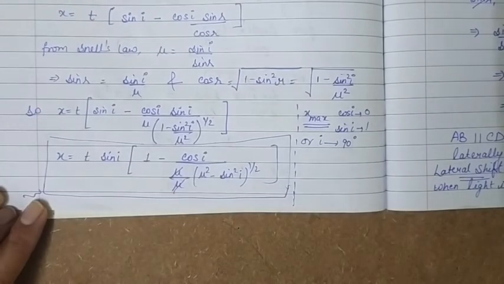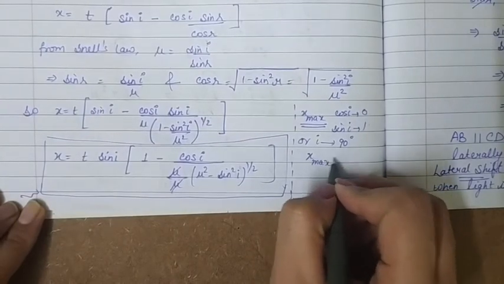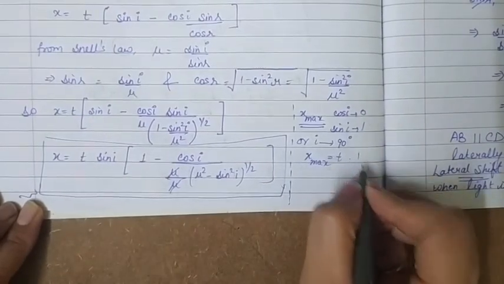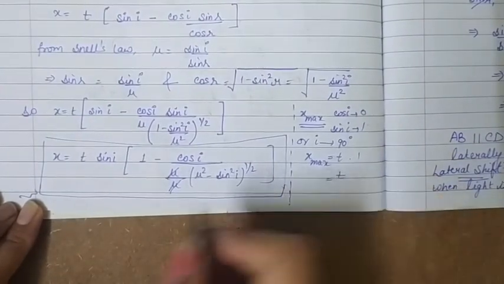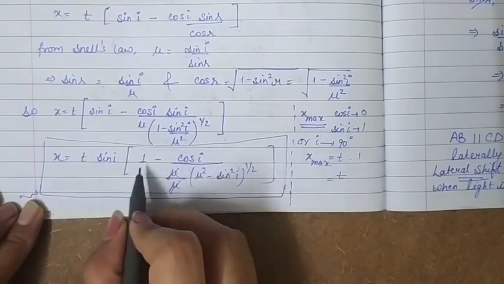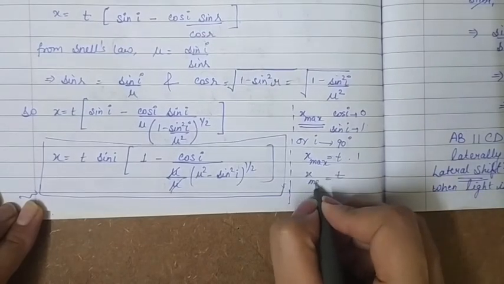In this situation, the value of x max will be t into sin 90, that is 1, so the answer will be t, and the bracket will also become 1 minus 0, that is 1. So the value of x max will be t.